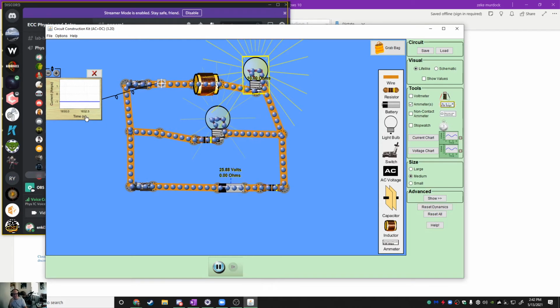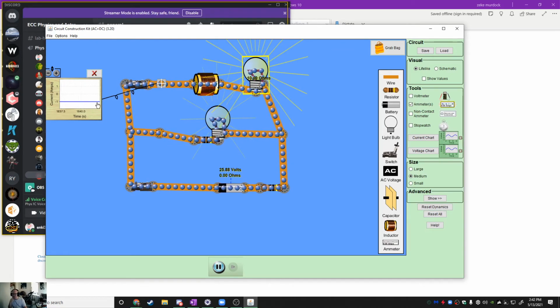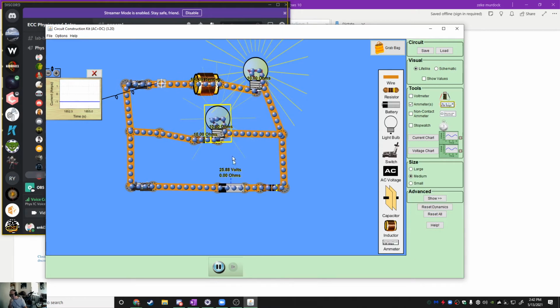It doesn't say 2.6 amps here, but it should, right? Am I wrong about that? Why is it only reading 1 amp? Am I crazy about that? Shouldn't the current be like 2.5 amps?